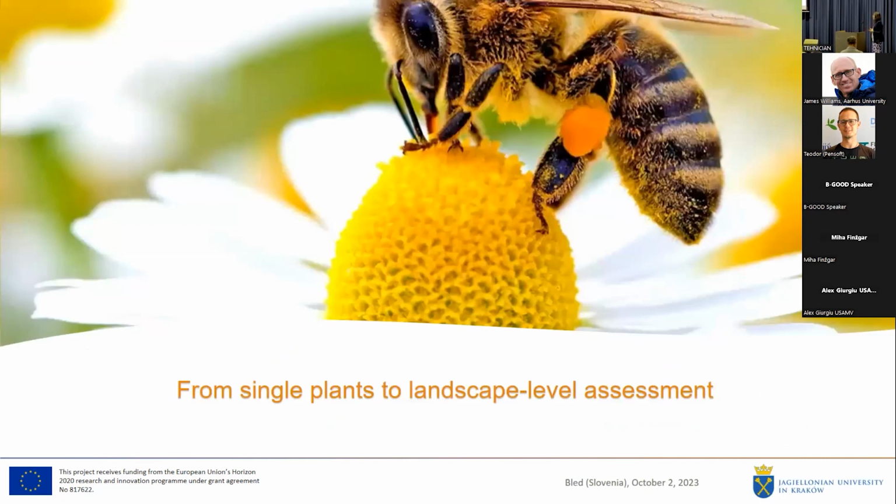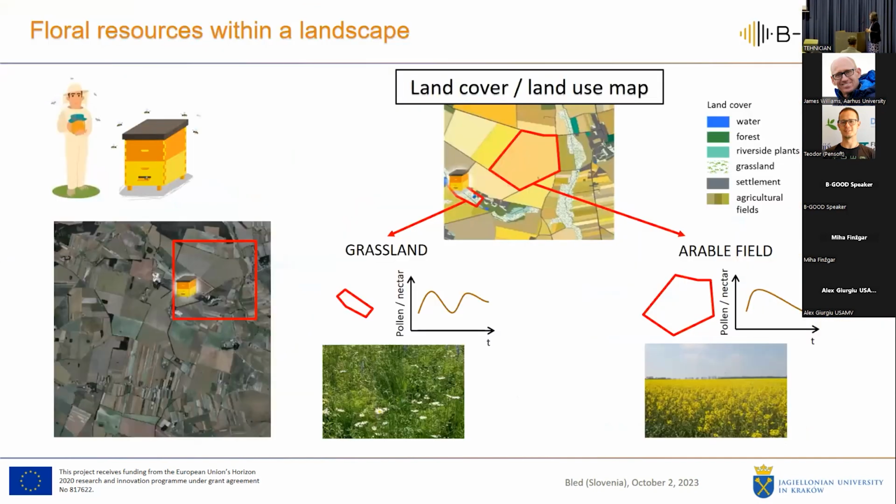So now something about how we went from information from single plants to this landscape level assessment. Let's go back for a moment to a landscape. Okay, so now you see we are not in Belgium anymore.